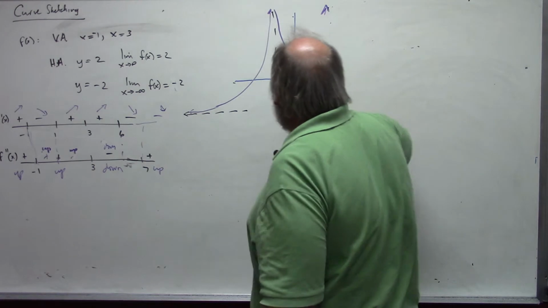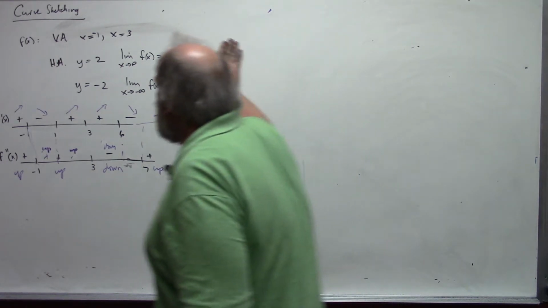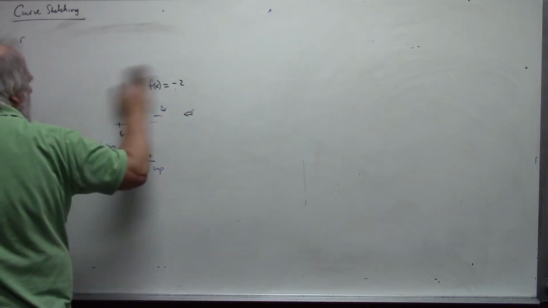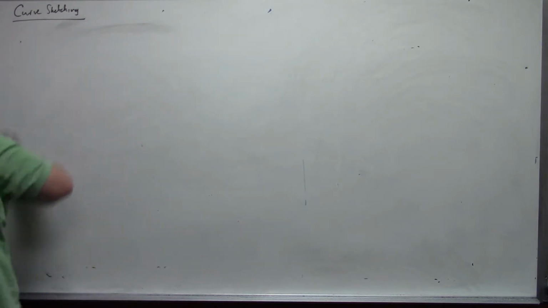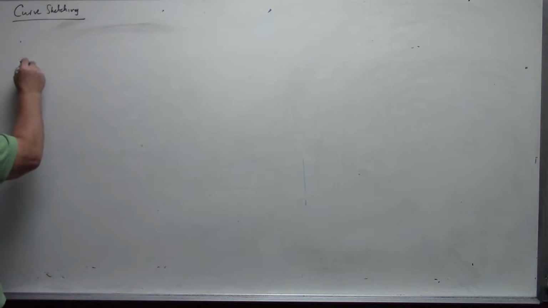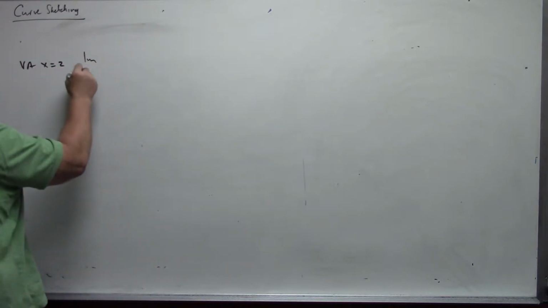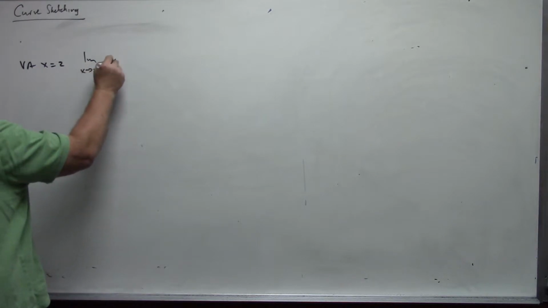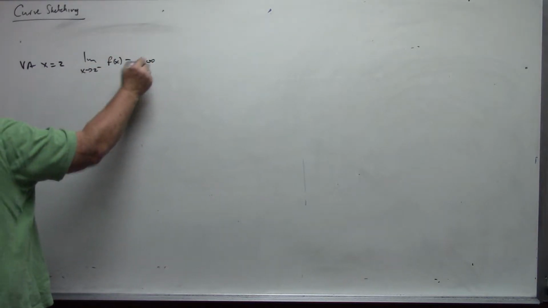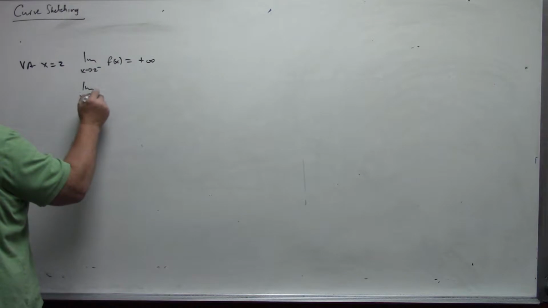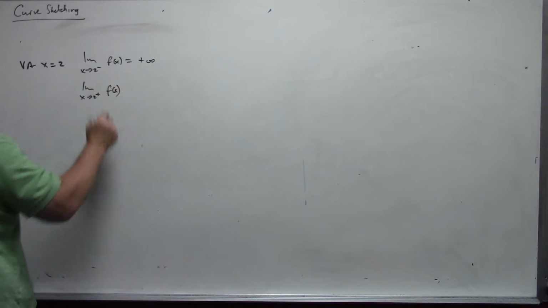Okay, let me erase all of this mess and put up some more information. This will take me a little bit. Let's suppose I've got a vertical asymptote at x equals 2 with the limit as x approaches 2 from the left being positive infinity. The limit as x approaches 2 from the right is not infinite.